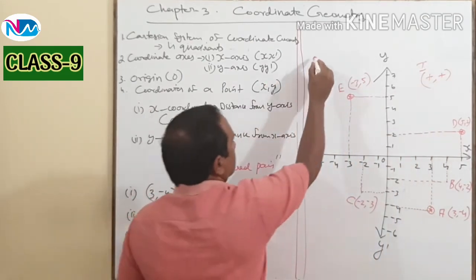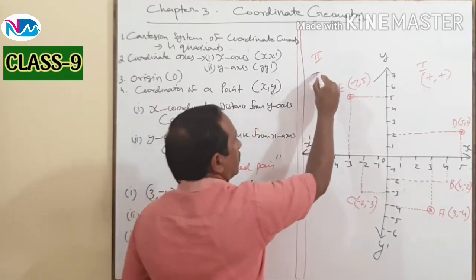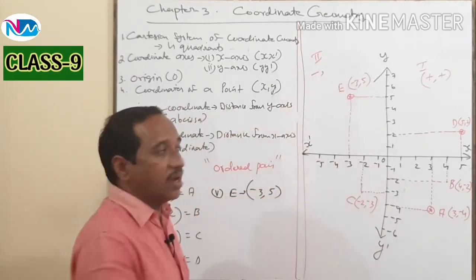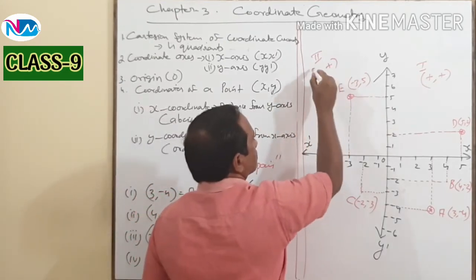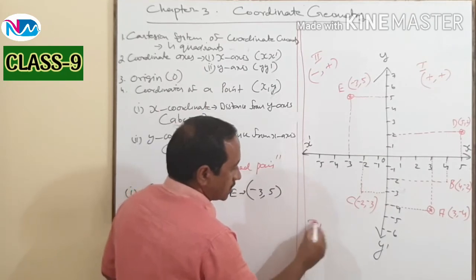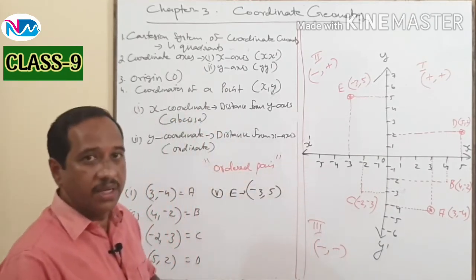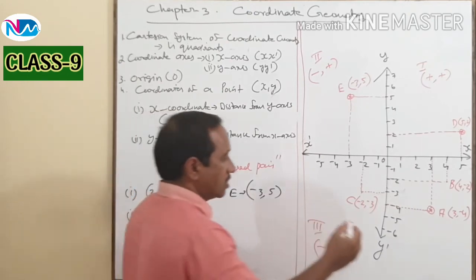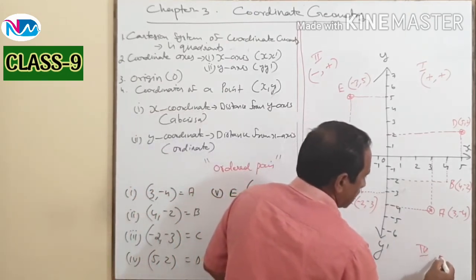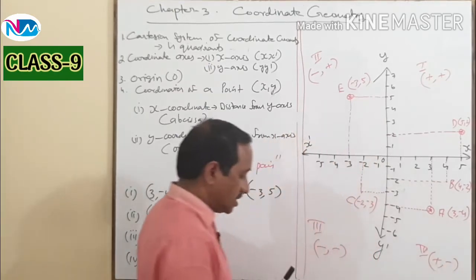In the second quadrant you can see that the x-coordinate will always be negative and the y-coordinate will always be positive. And in the third quadrant, x and y coordinates will be negative. And in the fourth quadrant, x will be positive and y will be negative.